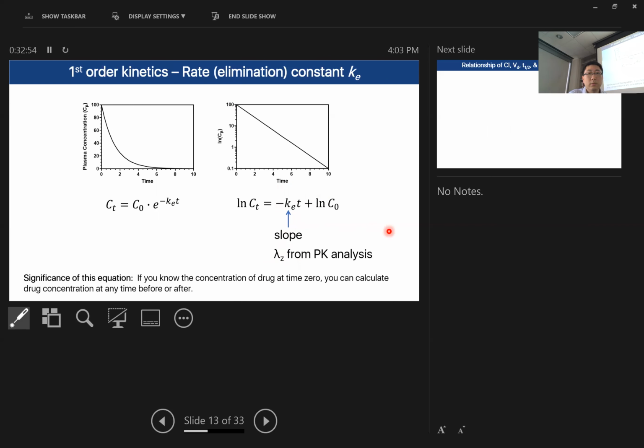Okay, so any questions here? Let me ask you this. With this kind of fitting, the slope is KE, right? Then what about the intercept? The natural log C0.